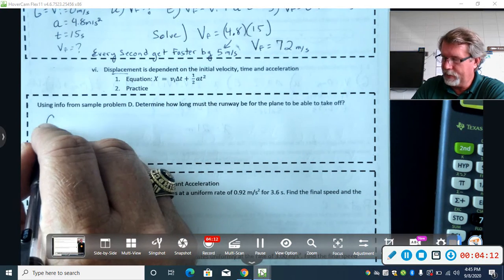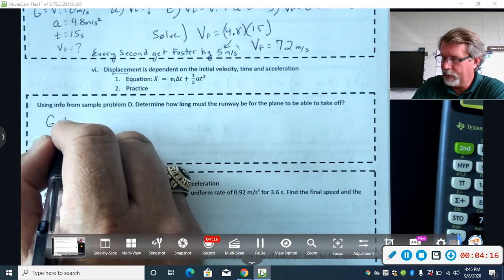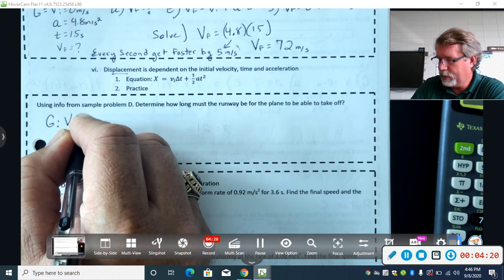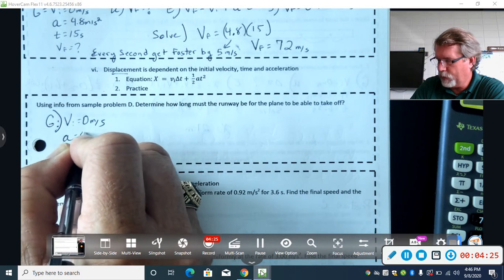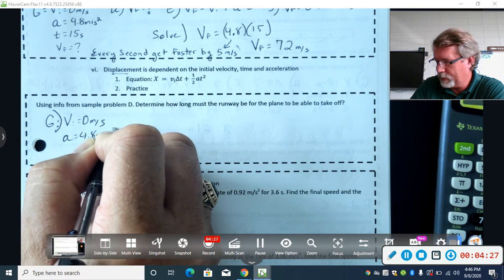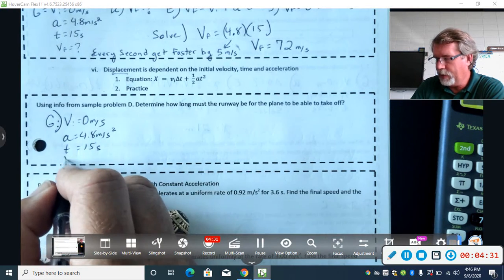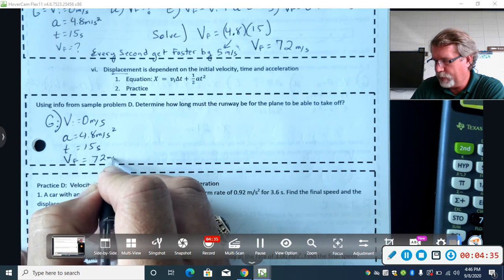So we list our givens, and it says to use info from the sample problem D. So we know VI is 0 meters per second. And we know a is 4.8 meters per second squared. And we know time is 15 seconds. Now we also know VF is 72 meters per second.